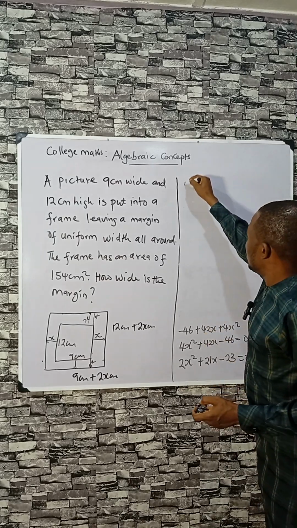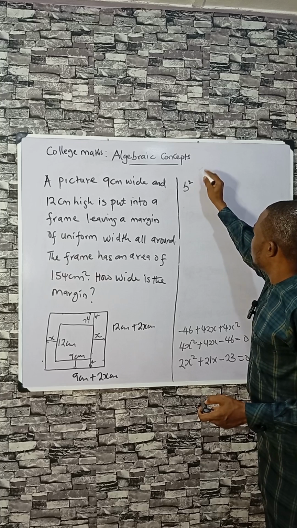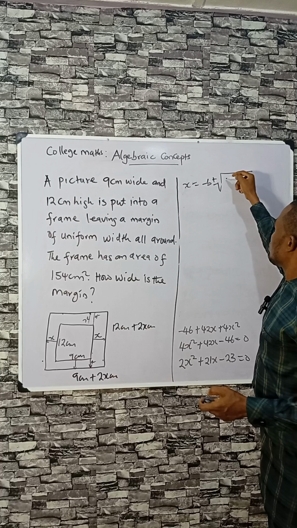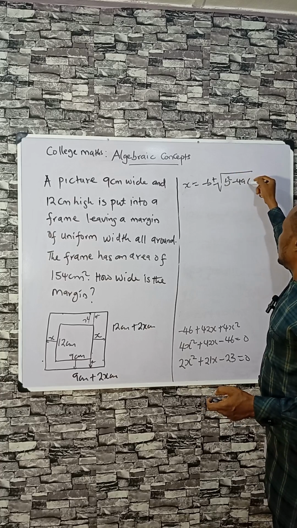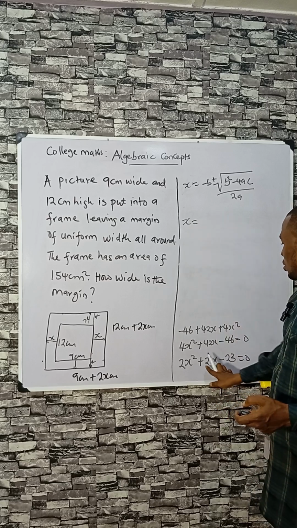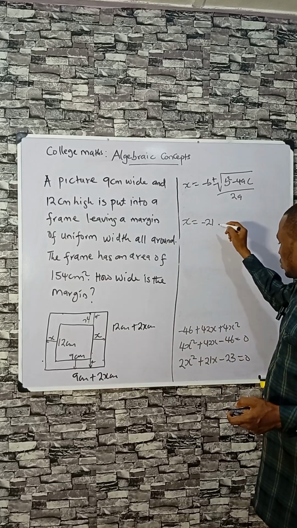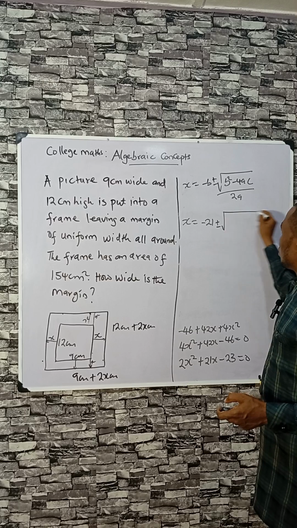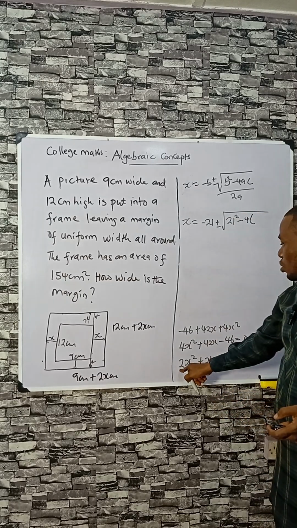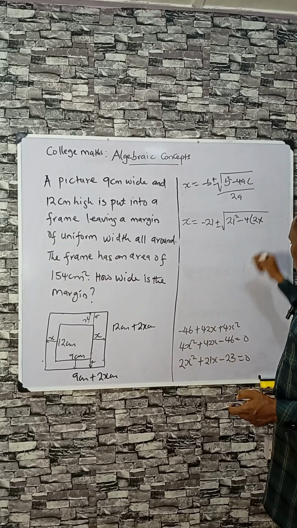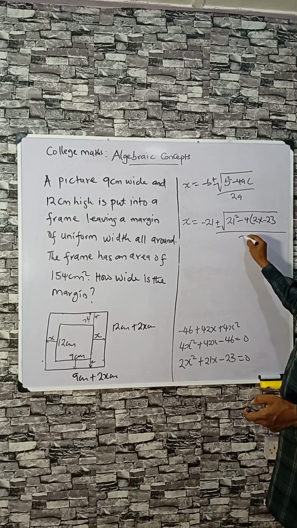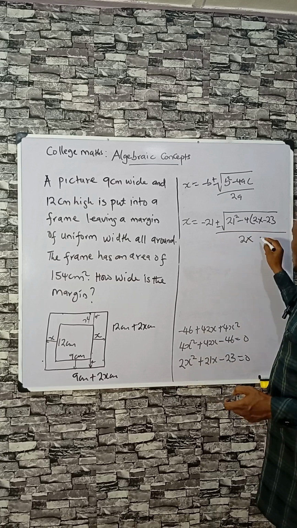Using the algebra formula, x equals minus b plus or minus square root of b squared minus 4ac, over 2a. So x here equals minus b, that is minus 21, plus or minus square root of 21 squared minus 4 times a, 2, times c, minus 23, divided by 2 times a, 2 times 2.